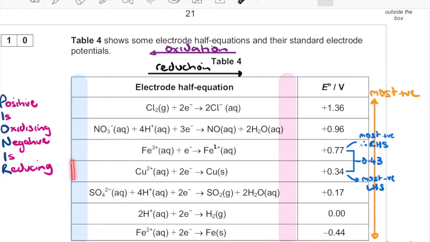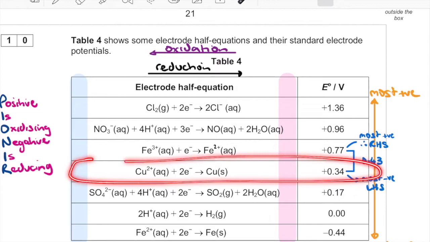Because copper is being oxidized, we must have something else that's being reduced. We must have something that is more positive than this half cell. When we look above, there is only one half equation that features H plus ions, so protons.